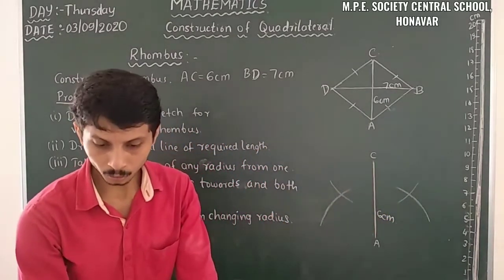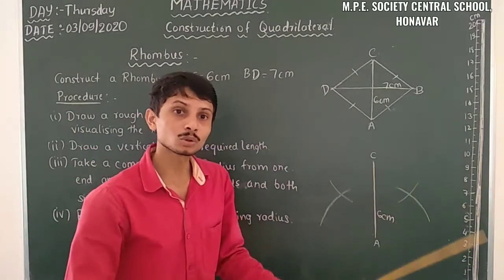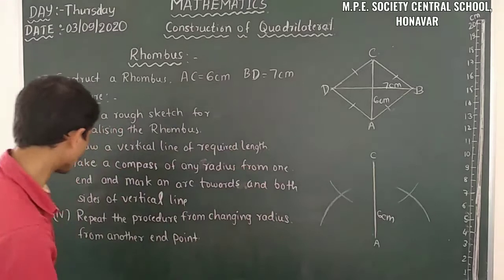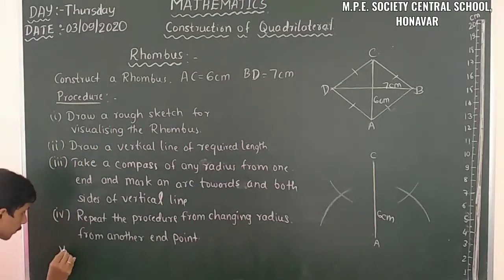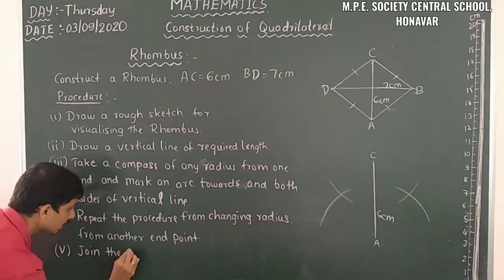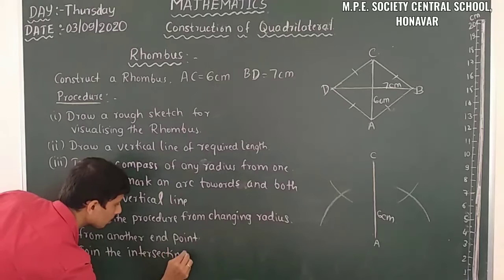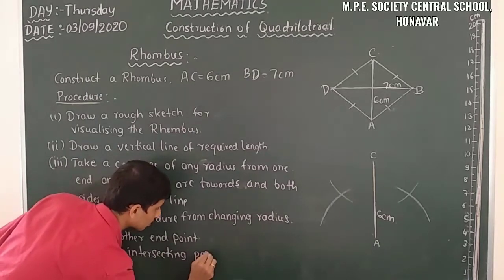Then what do we have to do? We have to take a line segment intersecting those two points here. So join the intersecting points.